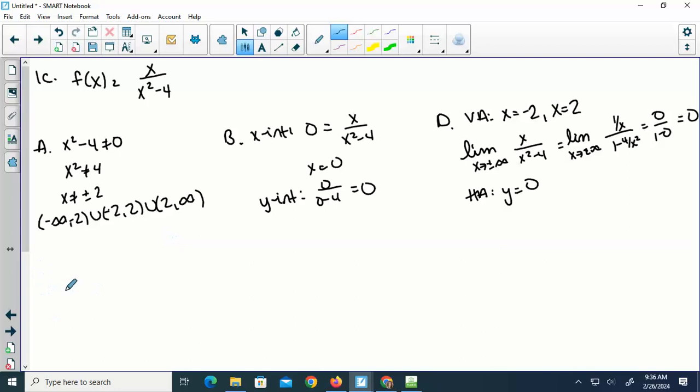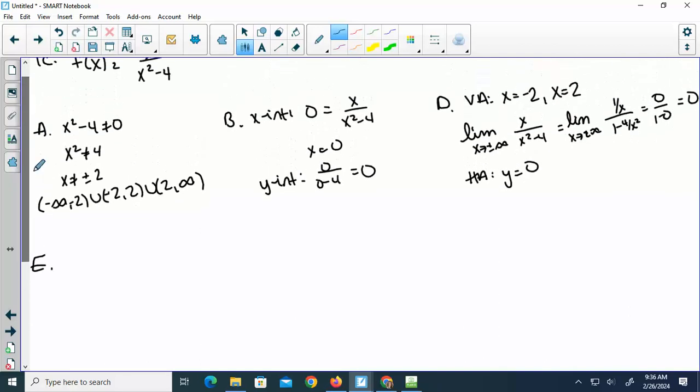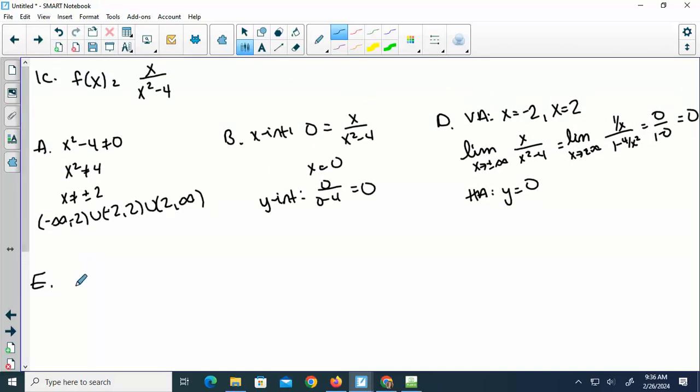All right, then part E said increasing, decreasing. So we need our derivative. We have to do the quotient rule.